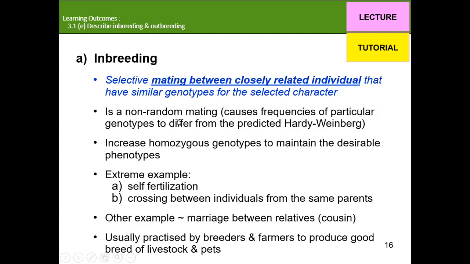So it is a non-random mating. Another example is marriage between relatives, or an extreme example, self-fertilization, crossing between individuals from the same parents. It is usually practiced by breeders and farmers to produce good breeds of livestock and pets.